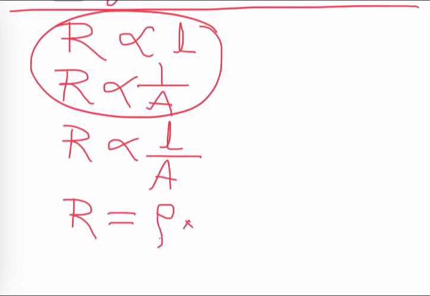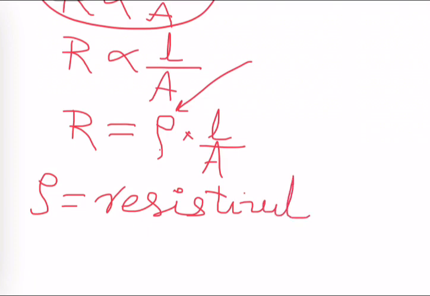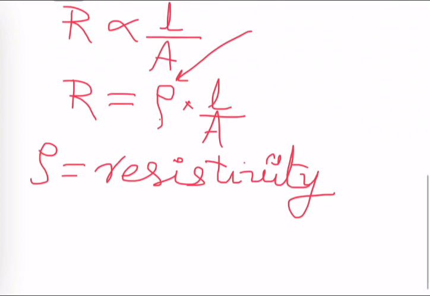What is the name given to this constant? Rho, that's the symbol. Rho is called resistivity.